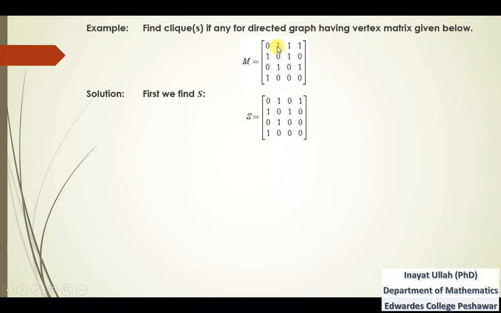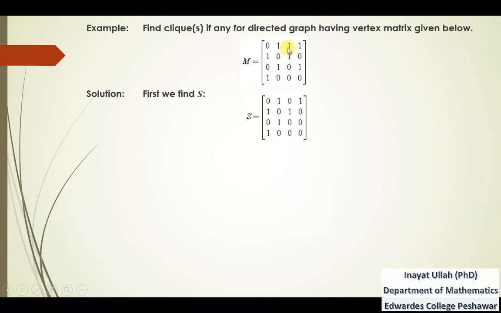That is the fourth row, so search about the fourth row opposite to this one.